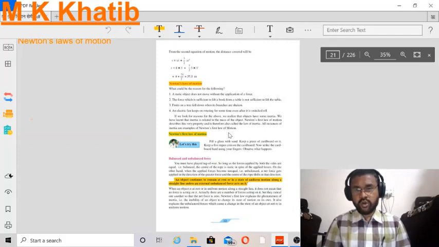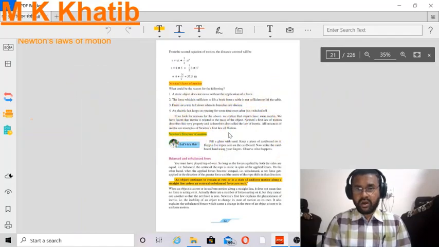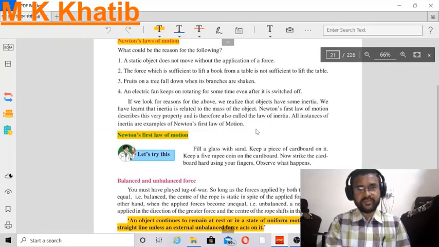Newton's first law of motion also explains the property of inertia very well, so it is called the law of inertia. All illustrations of inertia are examples of the first law of motion.